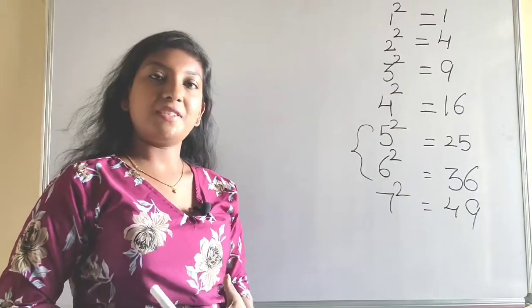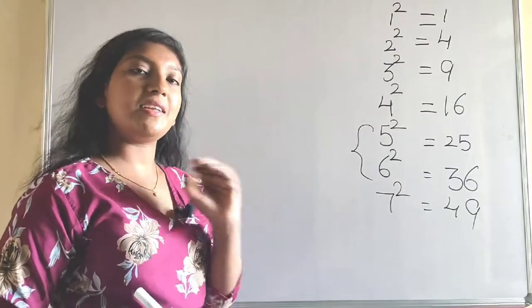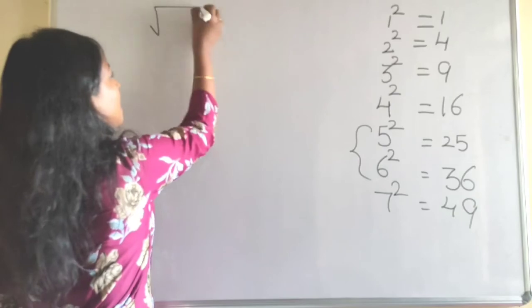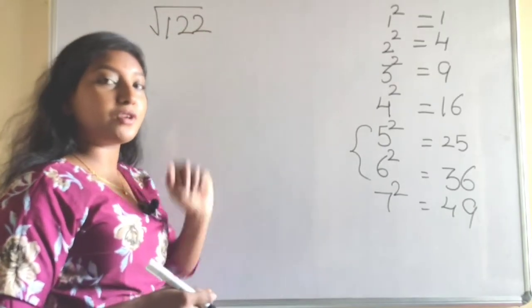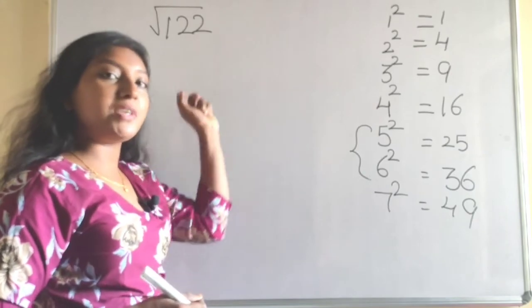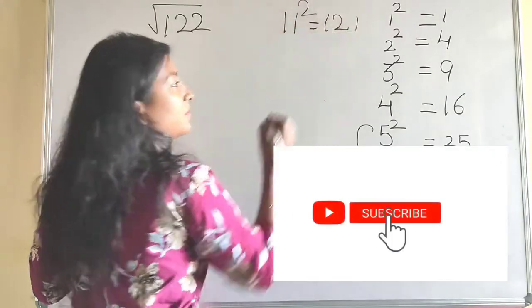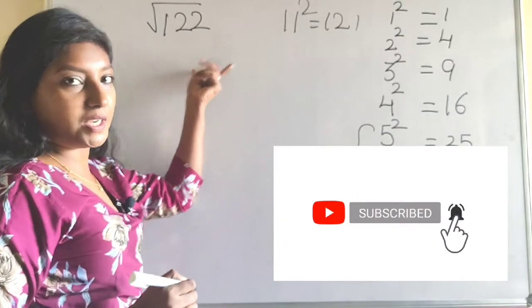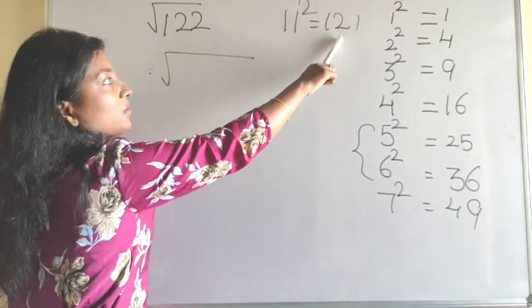Up to now we have seen 2-digit numbers, how to find the square root of the number. Now let us see 3 digits. So here I am taking a number, square root of 122. 122 is nearer to the square 11 square, that is 121. Now I am going to write the 122 in terms of 11. So 11 square is 121.